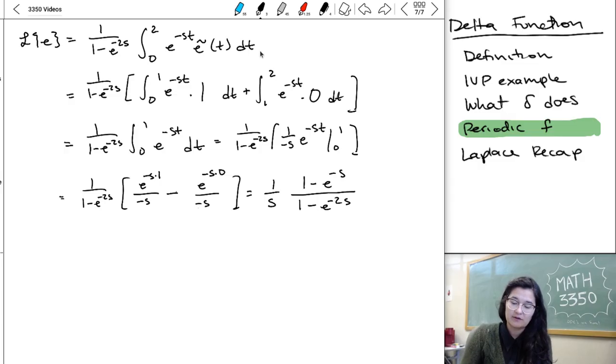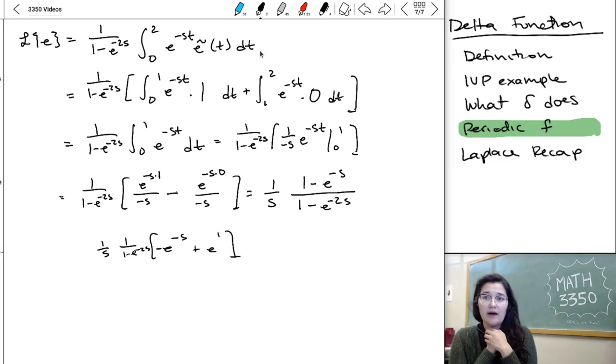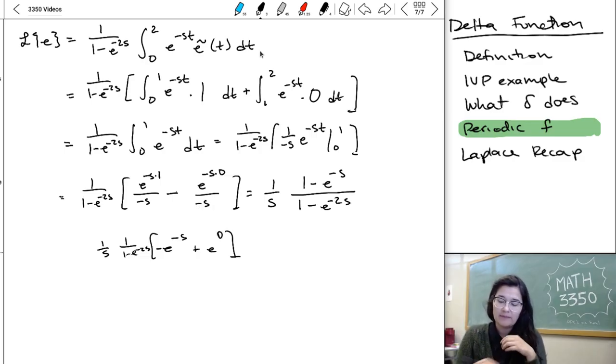Just showing that to you in more steps. That's 1 over s, 1 over 1 minus e to minus 2s, and I'm left with e to minus s negative plus e to 0. And then I just swapped their order because I like having the 1 and the 1 lined up like that.